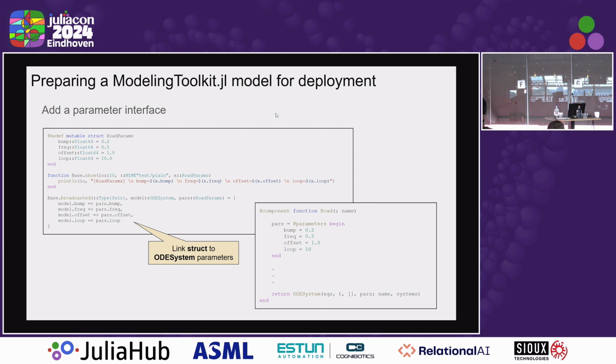The parameters are just values. So in Julia, I create a structure that maps to the same set of values that this component has. And I can create a broadcasted, dispatched function that maps exactly those values of the struct to the values of the ODE system. You'll see why I do that in a second.